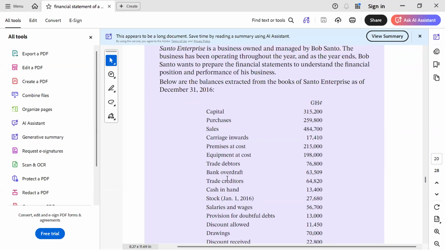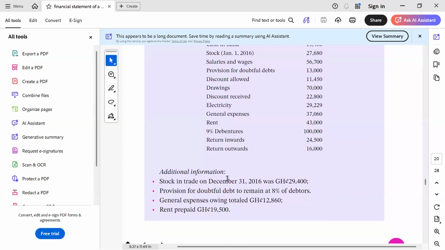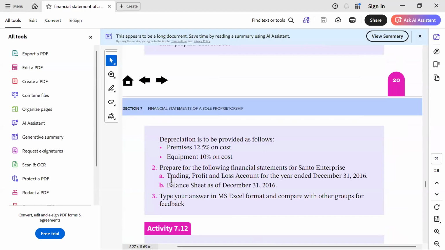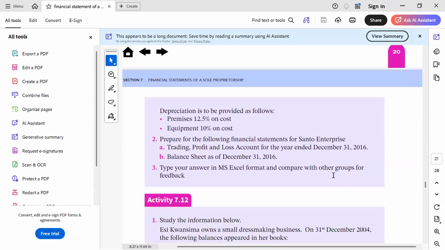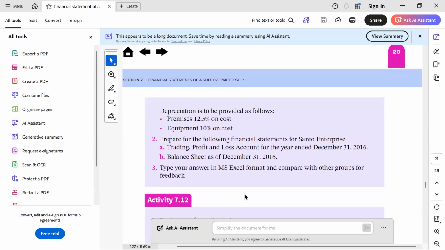That is not what the question is about, but the question is asking us to actually prepare trading profit and loss account for the year ended 31st December 2016, and then a balance sheet. Have you seen that?